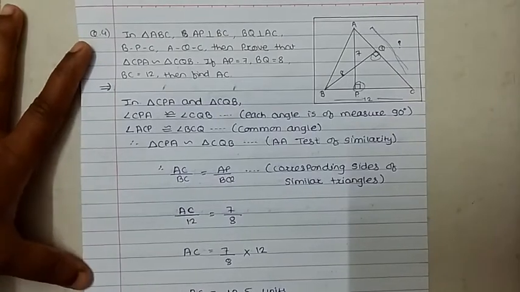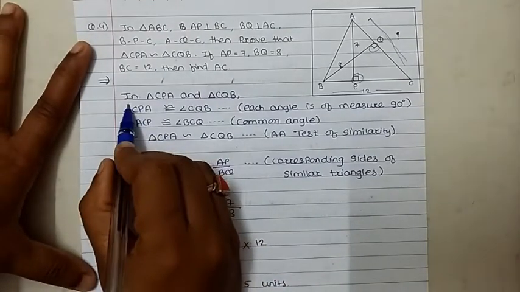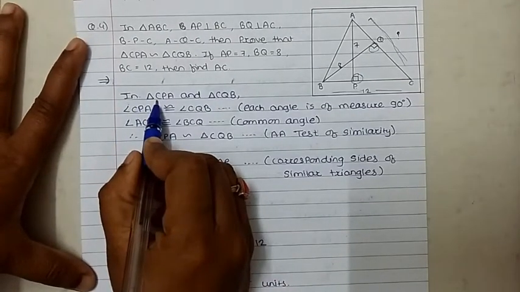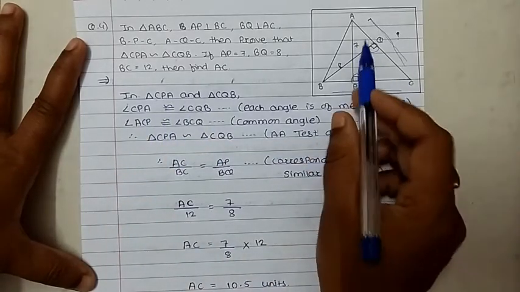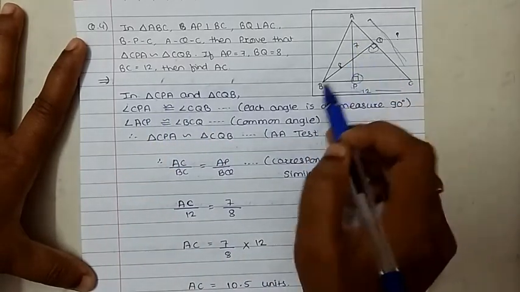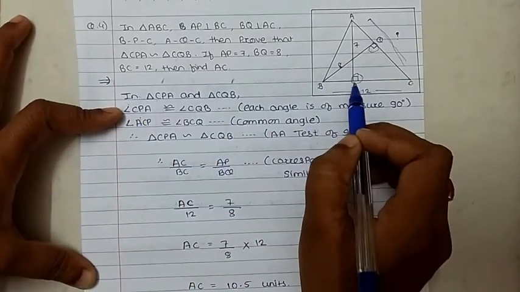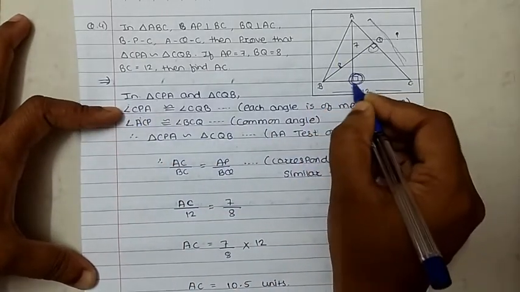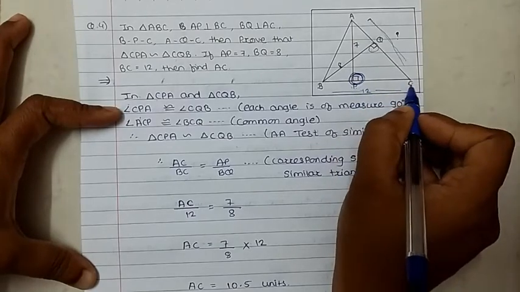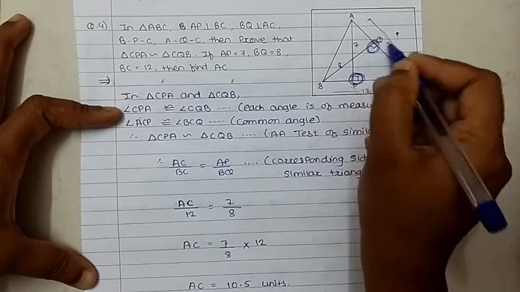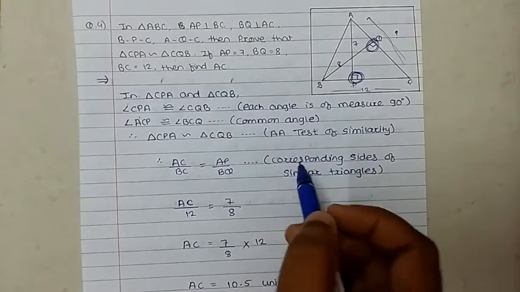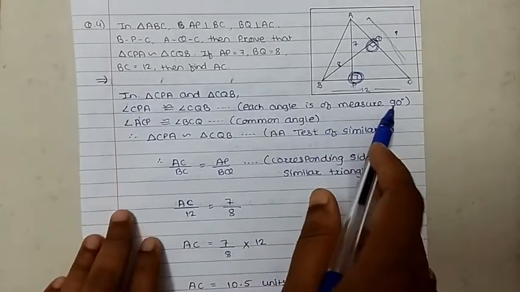Understand? So how to find out? In triangle CPA and CQB, angle CPA is congruent with angle CQB because they are 90 degree. Each triangle has a measure of 90 degree because they are perpendicular.